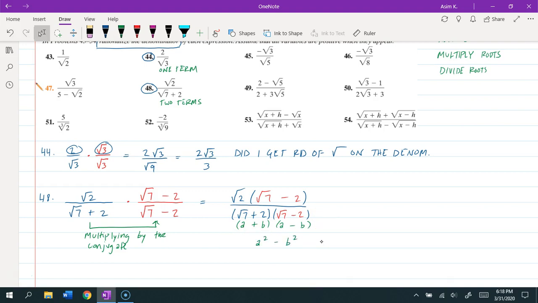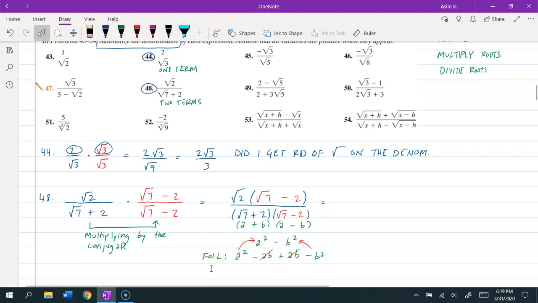You are welcome to try it using the FOIL method: a squared minus ab plus ab minus b squared. You'll notice that the 2 middle terms cancel out, so you end up with a squared minus b squared. That's just a side note to help you get through a problem like this as quickly as possible.